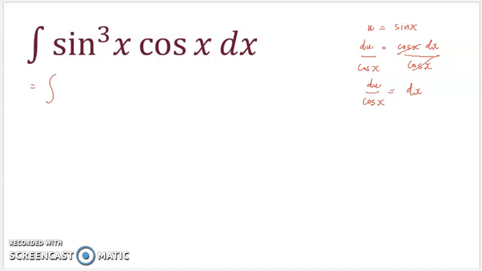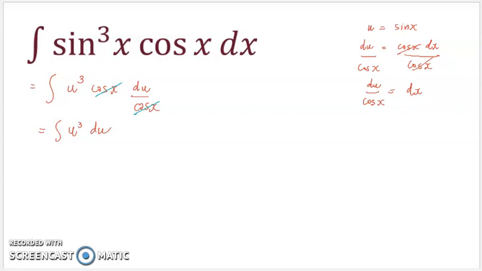So it will be u cubed cosine x du over cosine x. So you can see we can cancel cosine x, leaving us with u cubed du.